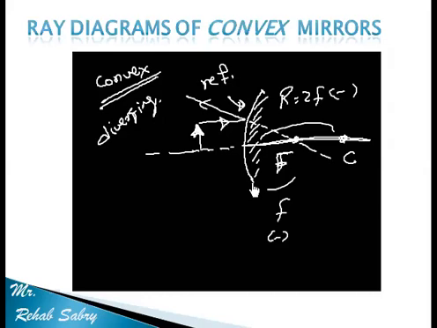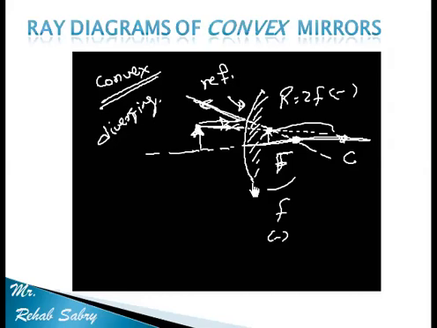Well, where is the other ray? The other ray is passing along the center of curvature. Its extension passes through the center of curvature, so it will reflect on itself. Where the two extensions meet each other, here in this point, the image is virtual.